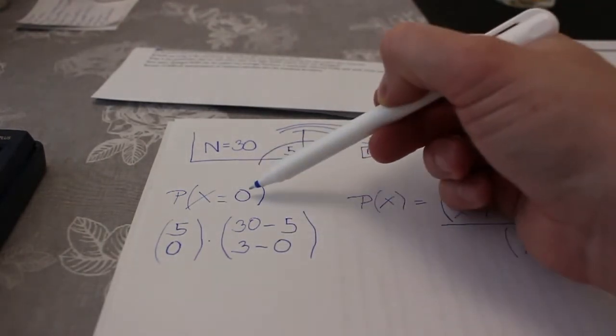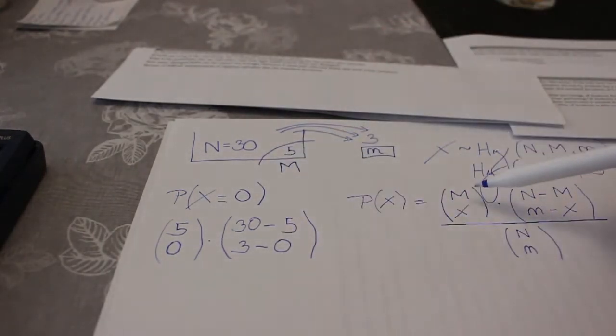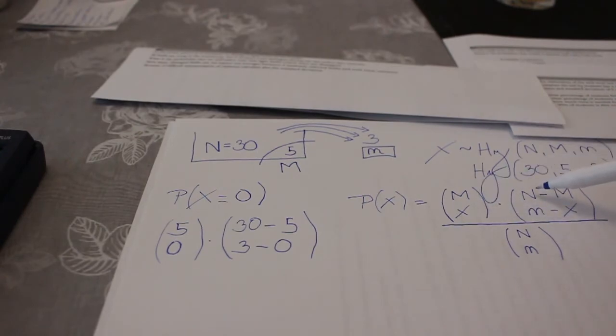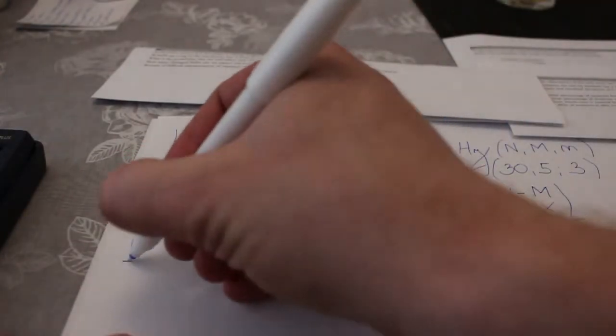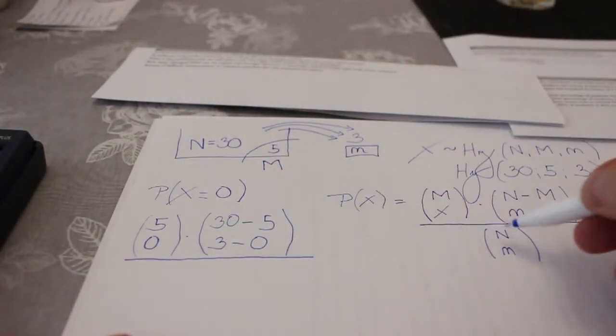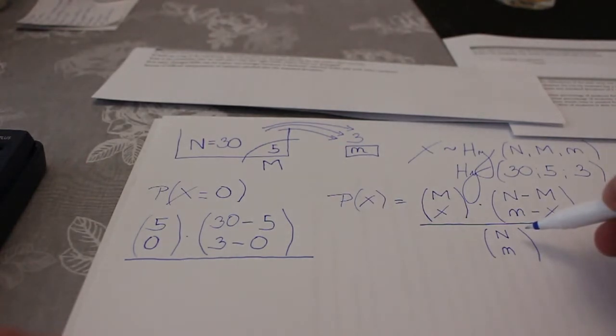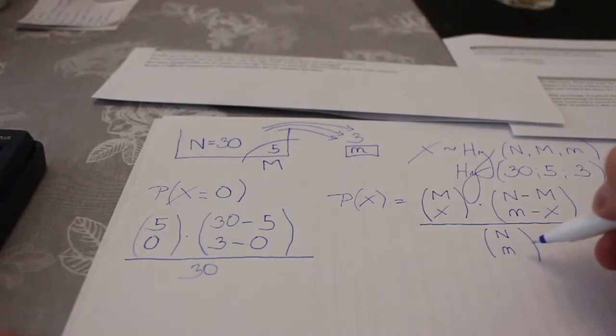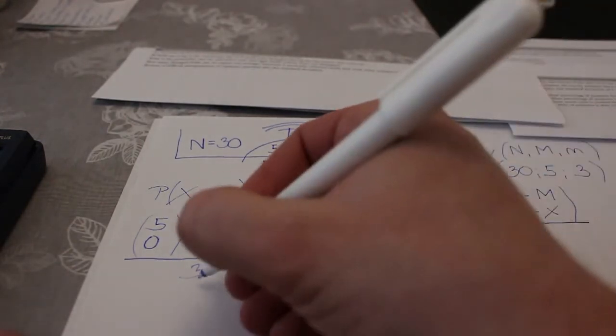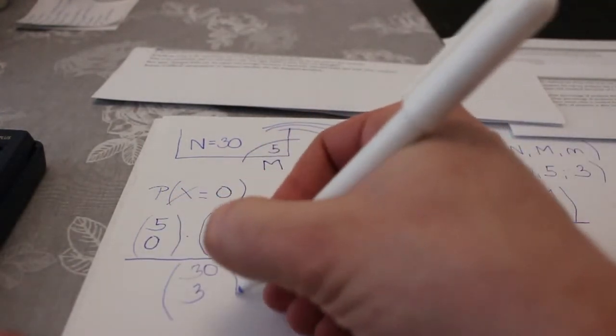Do you know what is x? Do you know what is capital M, capital N, small n? We have parameters, we know everything, so we will use this. And there is a division, and in denominator we have combination number 30 above 3. And that's all.